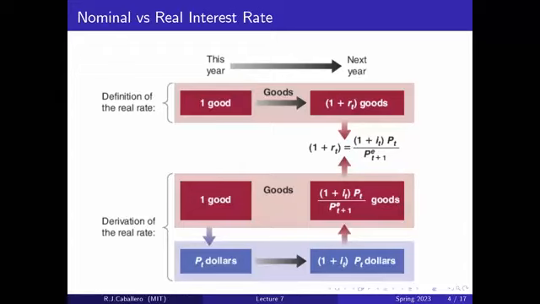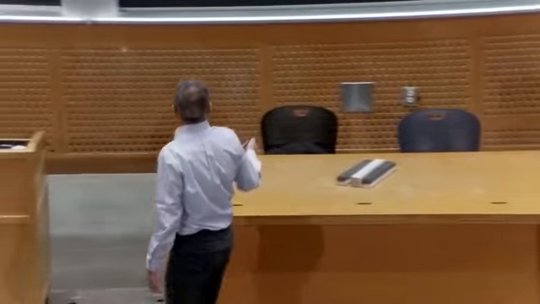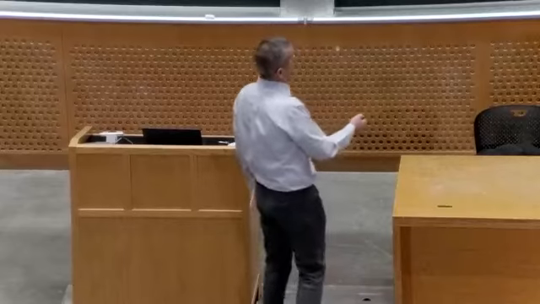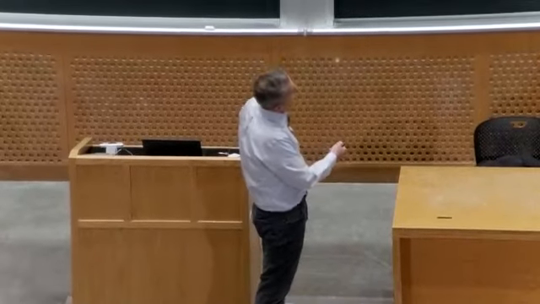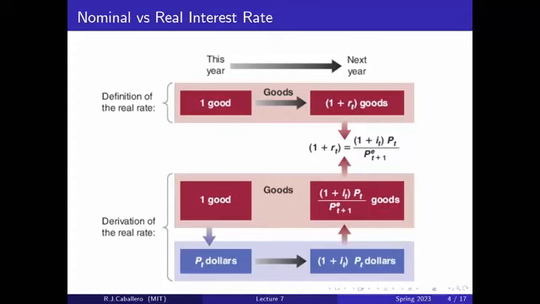P_t dollars invested in a nominal bond will give me 1 plus i_t, the nominal interest rate, times those P_t dollars. So say the price index here is 2 and the nominal interest rate is 10%, then next period I get 2 times 1.1. That's the number of dollars I get.